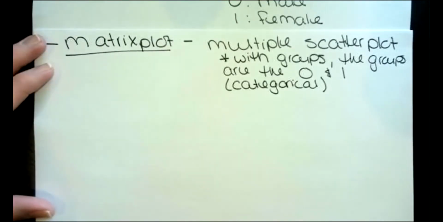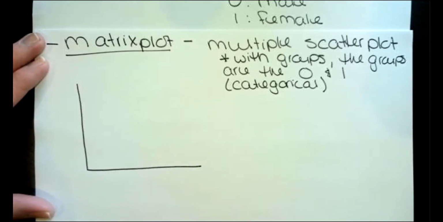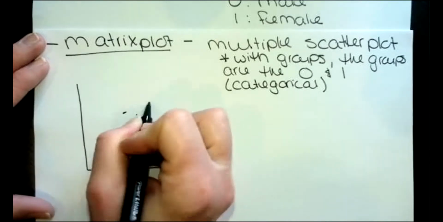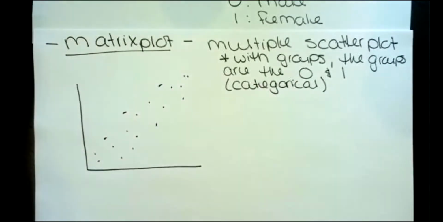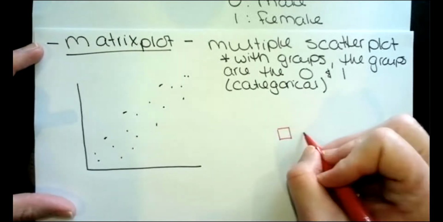Okay, there we go. Let me do a little drawing of what this is going to look like. If we have this scatter plot, it might look kind of like this. This is what a scatter plot looks like. And maybe we have male indicated with red squares.